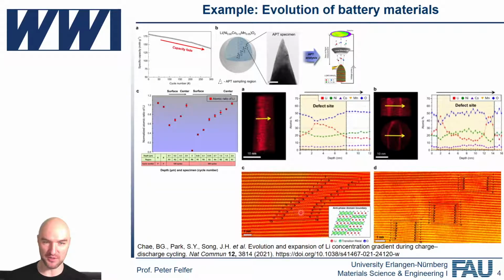So this is some work that came out of, I think, Samsung in Korea, where they've done analysis on lithium-ion battery materials, and they've really shown what the degradation of those batteries looks like on an atomic scale, or chemically on an atomic scale, and this is really only possible using atom probe tomography.